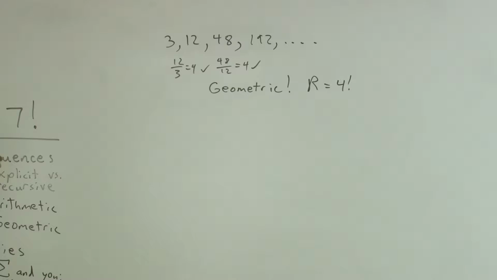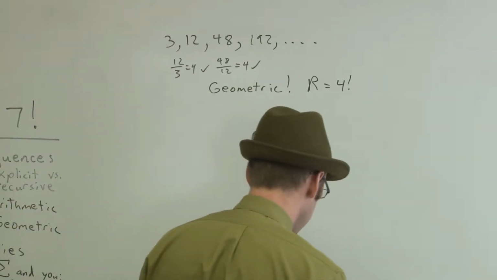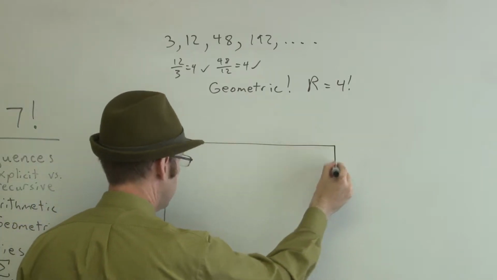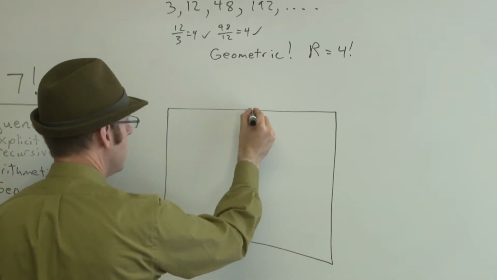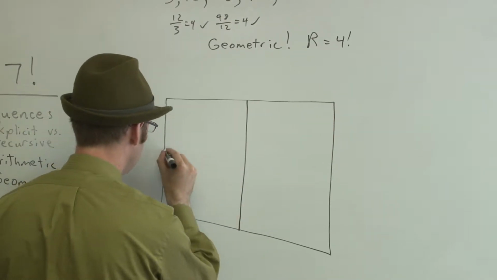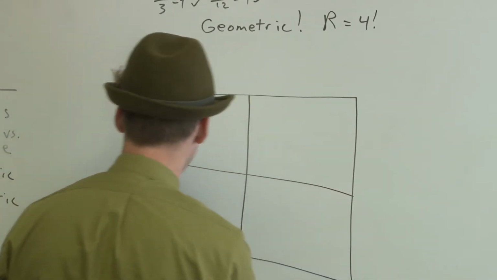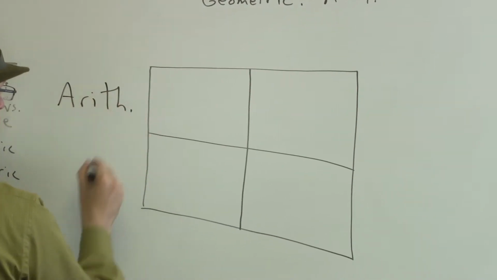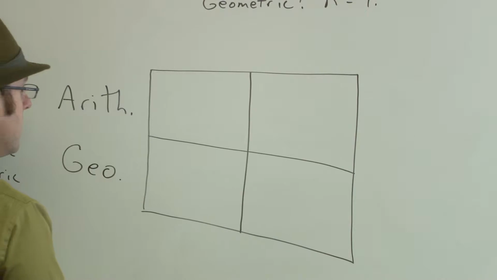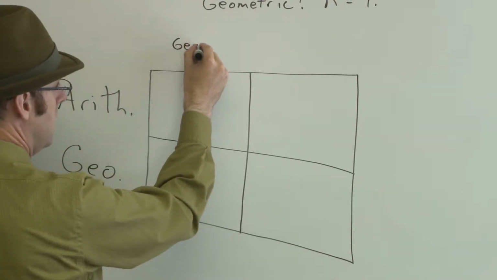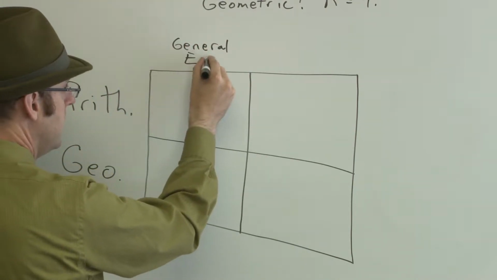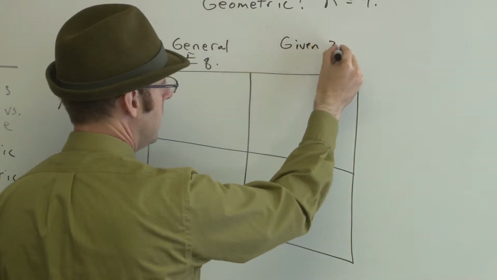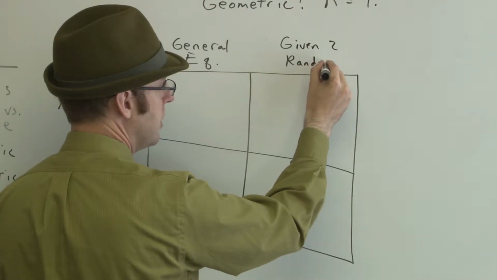So how we're going to deal with this is we have some nice formulas, which I'm going to give to you now. So here's your arithmetic versus geometric. Here is your general equation, and here is what to do if you're given two random terms.